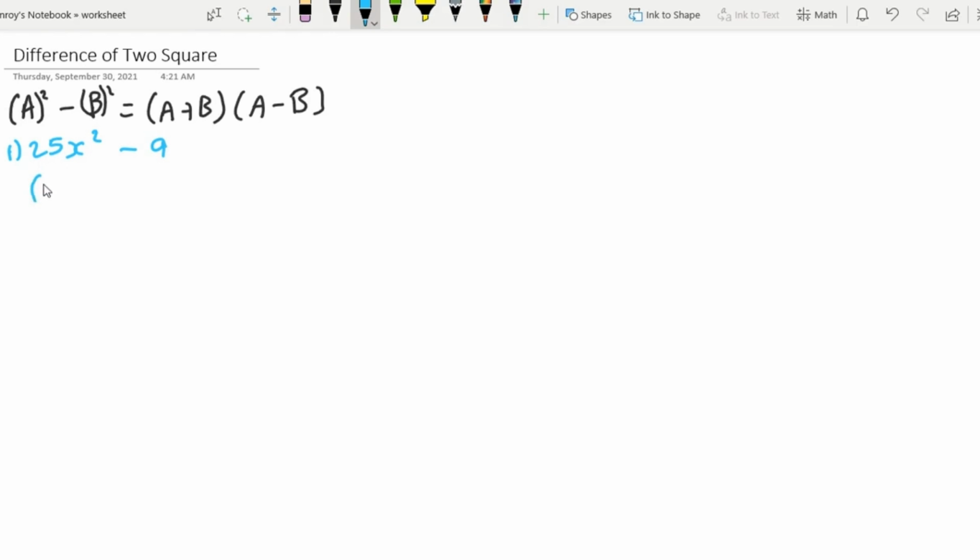And we know 5 squared is 25, and x squared minus 9. We know that 9 is 3 squared. Alright, so hence we can say now (x plus 5)(x minus 5).